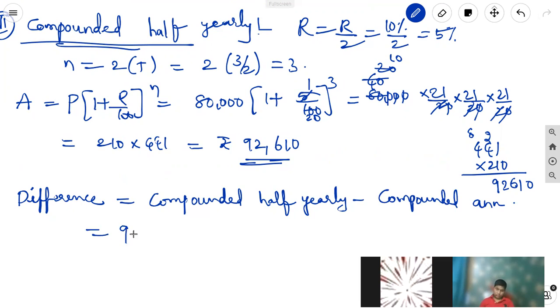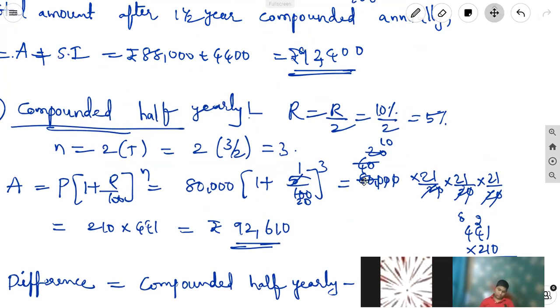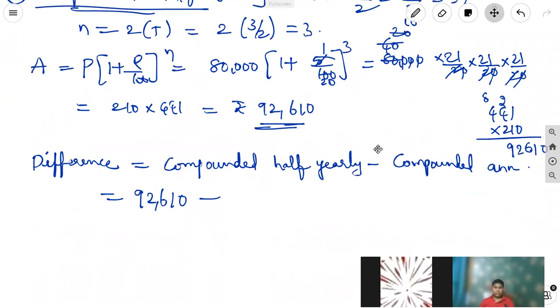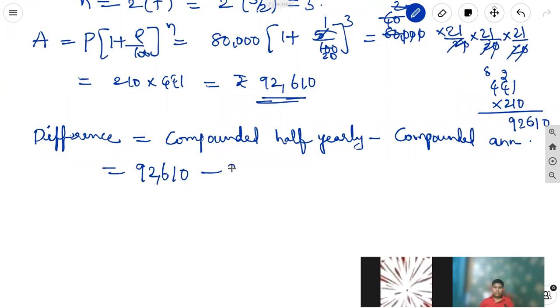Compounded half yearly is 92,610 rupees minus compounded annually means 92,400. What is the difference? 210 rupees is the difference for compounded half yearly and compounded annually.